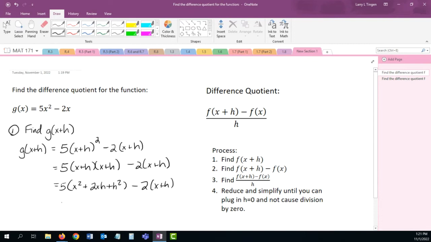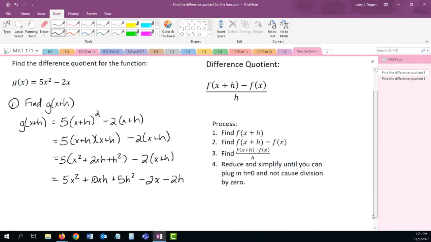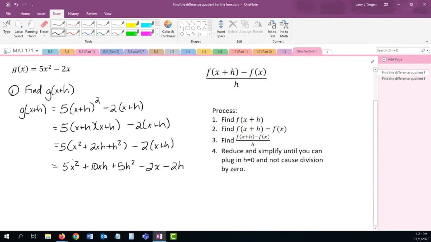I think I did this in class, but that's okay. Distribute that 5. That's 5x squared plus 10xh plus 5h squared. And then distribute that minus 2, so negative 2 times x, negative 2x. Negative 2 times h is negative 2h. And that is step 1. So I've found g of x plus h.